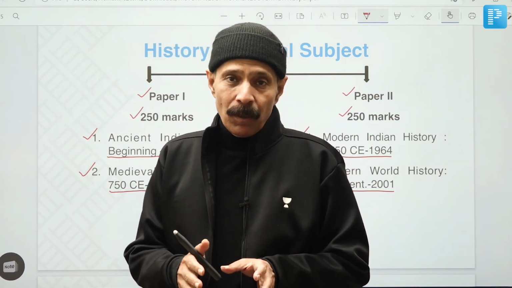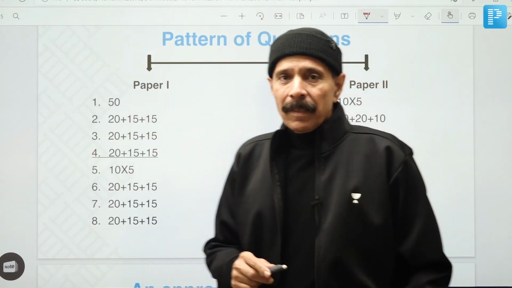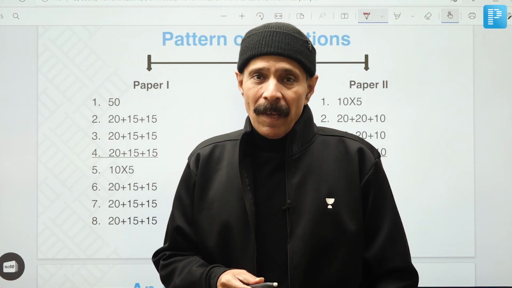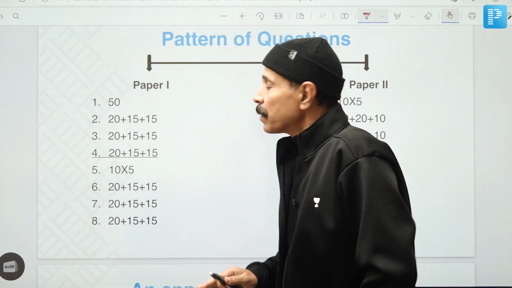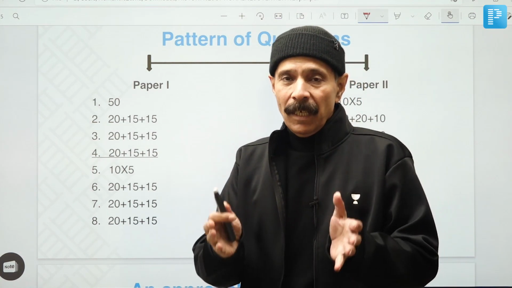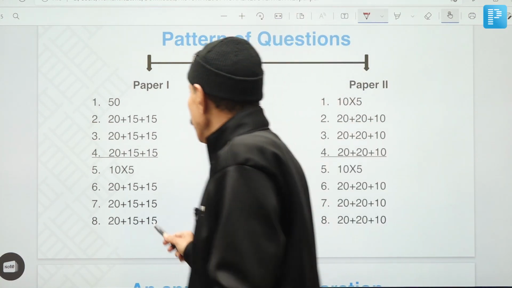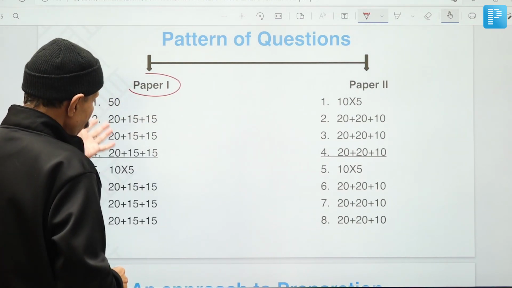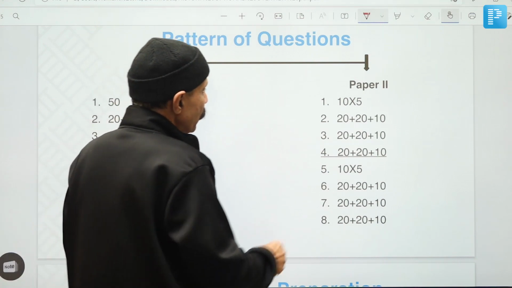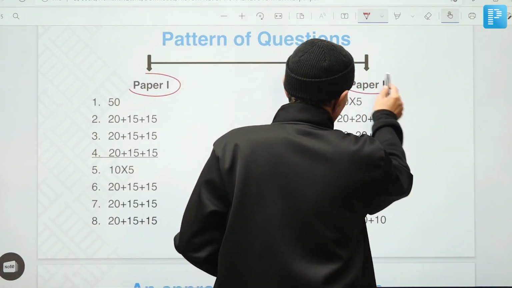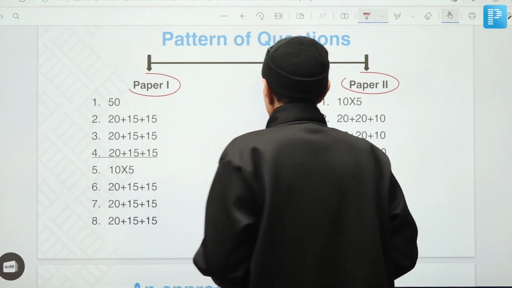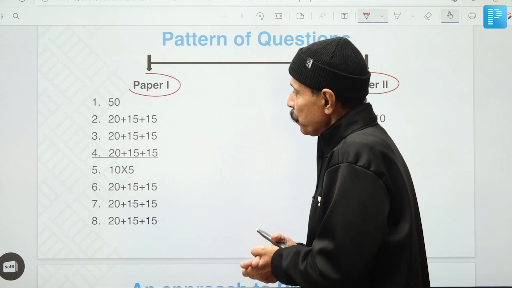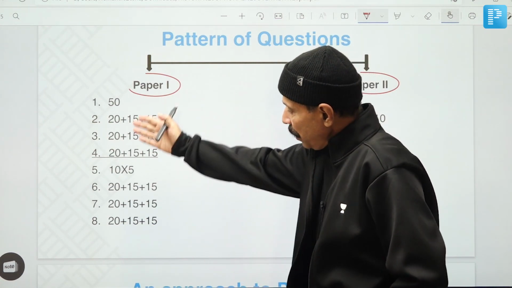Now I am going to throw light on the second aspect. The second aspect is the pattern of the questions, and this presentation gives you a broad idea about this. This side I have shown the paper 1 question pattern, and this side I have shown the paper 2 question pattern. So let's consider one by one. Paper 1 first. In paper 1, there are 8 questions.